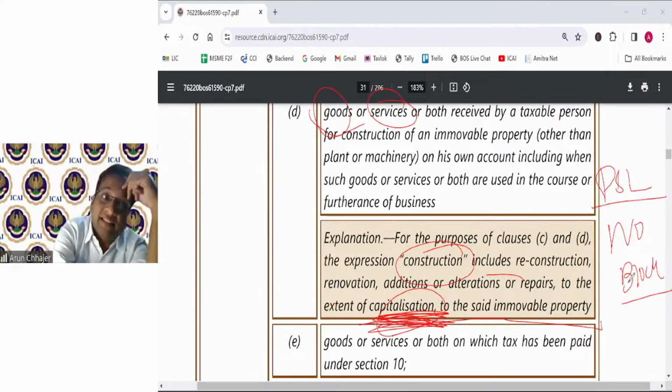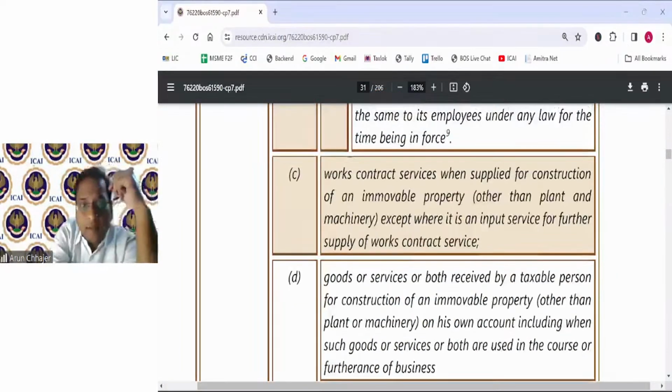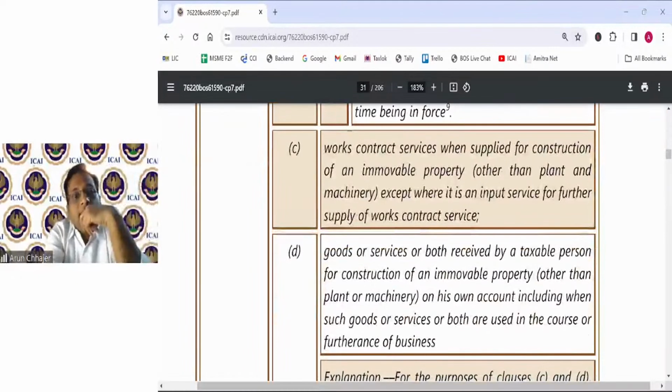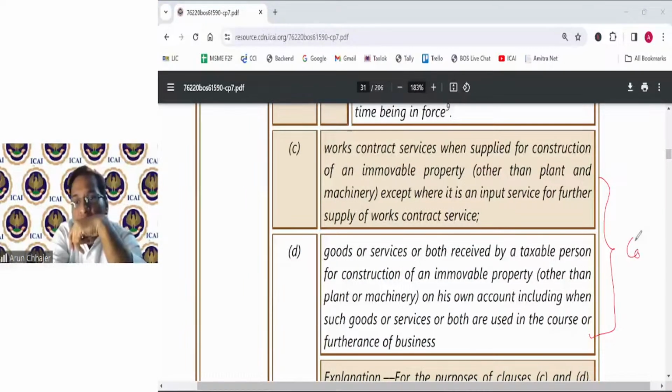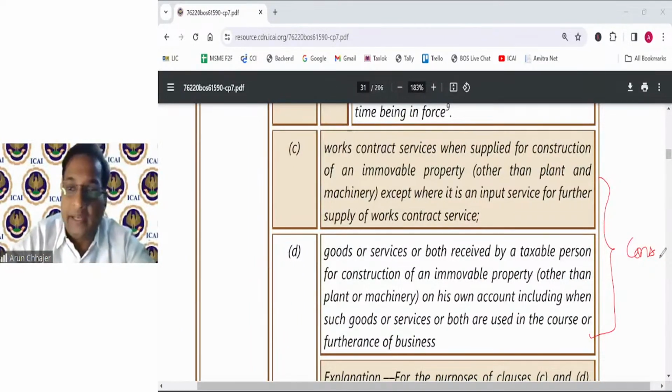So what we have discussed, let me summarize once again. Section 17(5)(c) and 17(5)(d) is talking about construction expenditure, construction of immovable property.